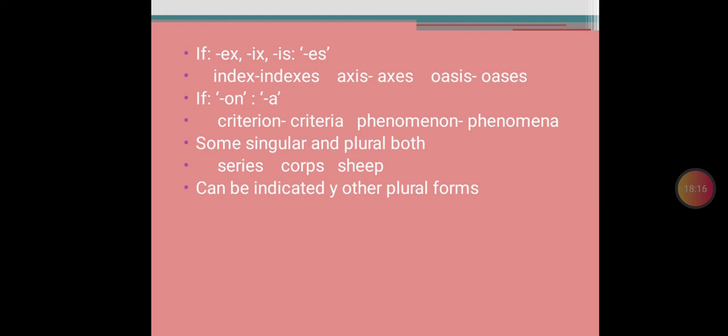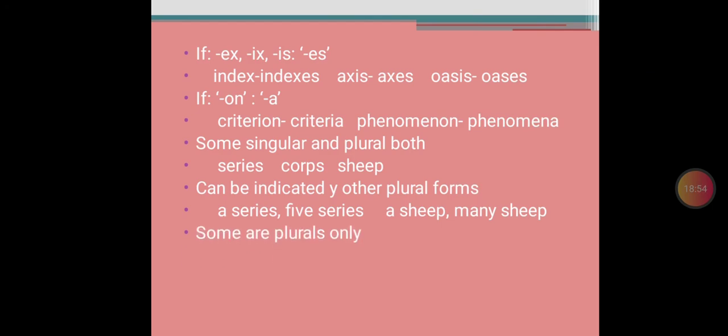For example, series, whether it is a single series or many series, by article or by numbers we can mention. A series, 5 series. So here, before series, some words are indicated. They will tell that the particular noun is singular or plural. A sheep, many sheep.